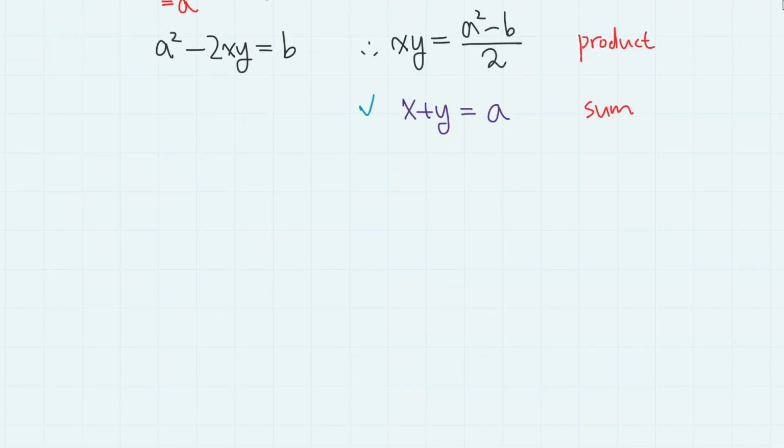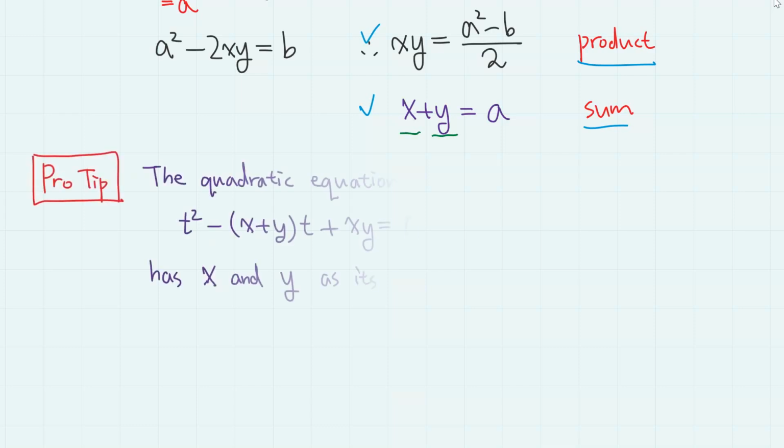So we have the sum x plus y equals a and the product xy equals (a squared minus b) over 2. And when the sum and the product of two unknown variables are given, we can find the values of the individual variables using the following property. Pro tip: the quadratic equation t squared minus (x plus y)t plus xy equals 0 has x and y as its two roots.